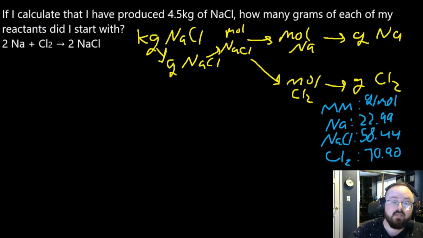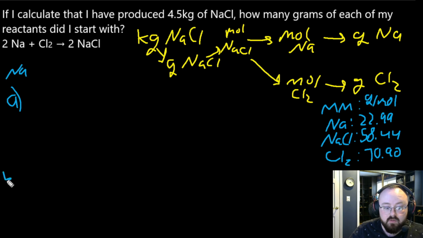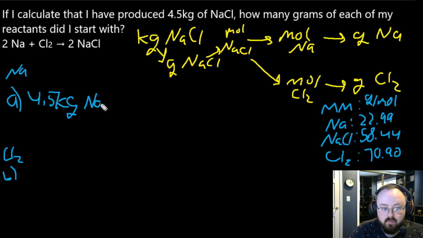So we're going to take this into two sections here. We're going to do part A, where we're going to convert our final answer into Na, and part B is going to be Cl2. All right, so let's start by converting into grams of sodium. We're starting out with 4.5 kilograms of NaCl.